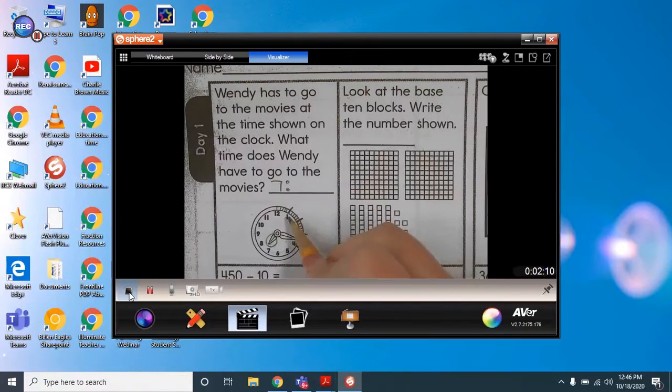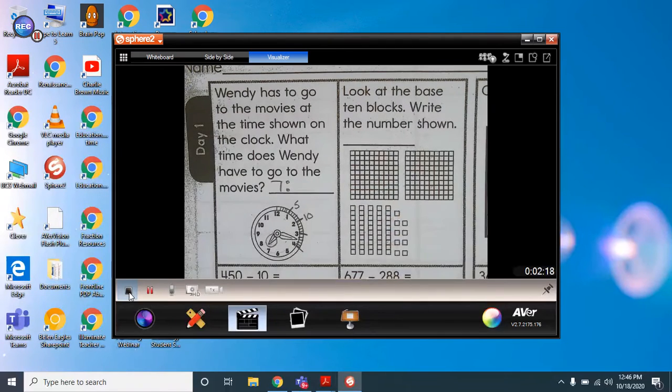At the 1, if the minute hand is pointing at the 1, that's 5 minutes. If it's pointing at the 2, that's 10 minutes. If the minute hand points to the 3, that's 15 minutes. And if it's pointing at the 4, that would be 20. And continue 25, 30, 35, 40, 45, 50, 55, and then the next hour, which is o'clock.